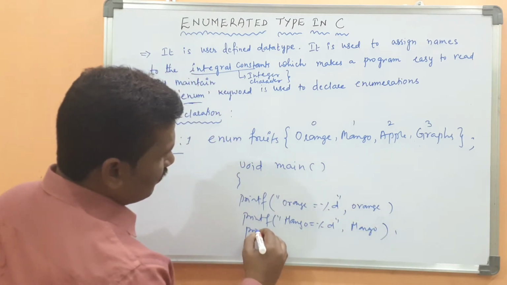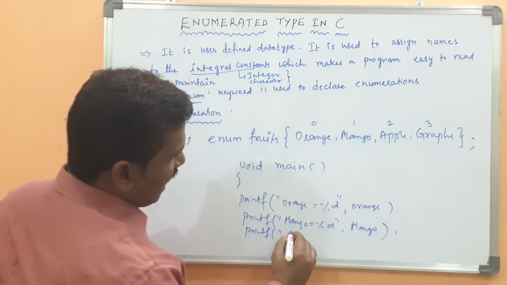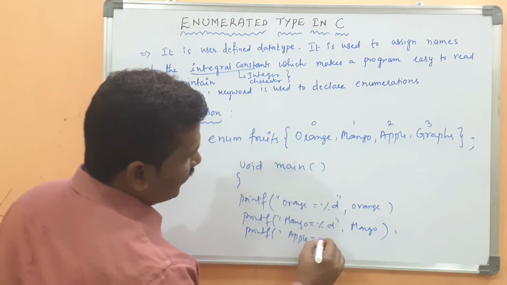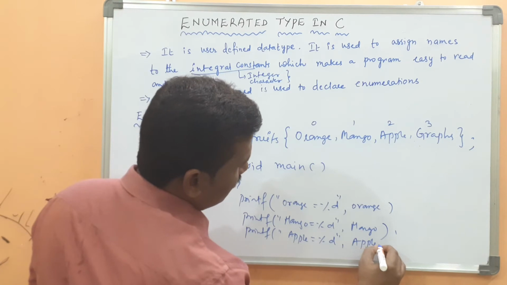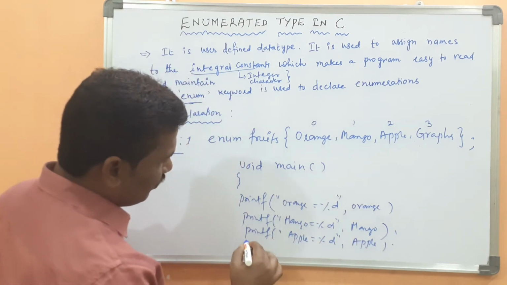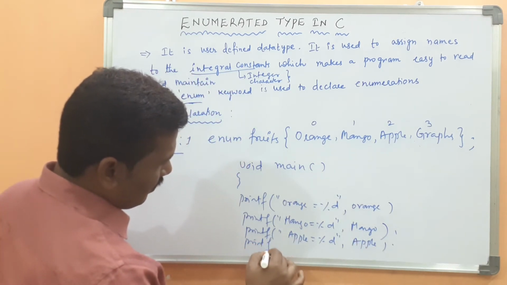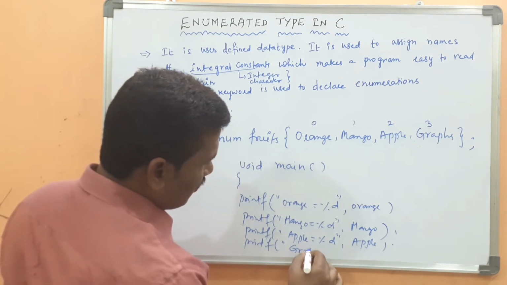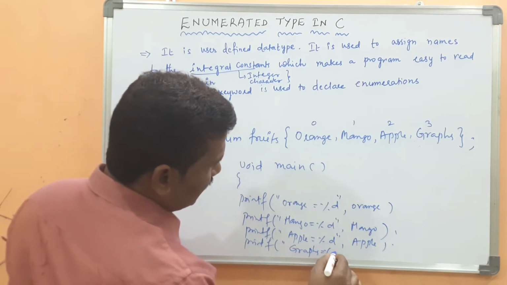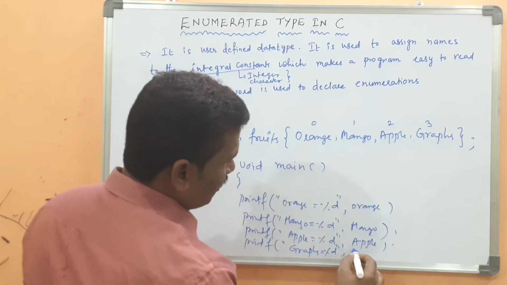Then printf apple percentage d, then apple. Then printf grapes percentage d, then grapes.